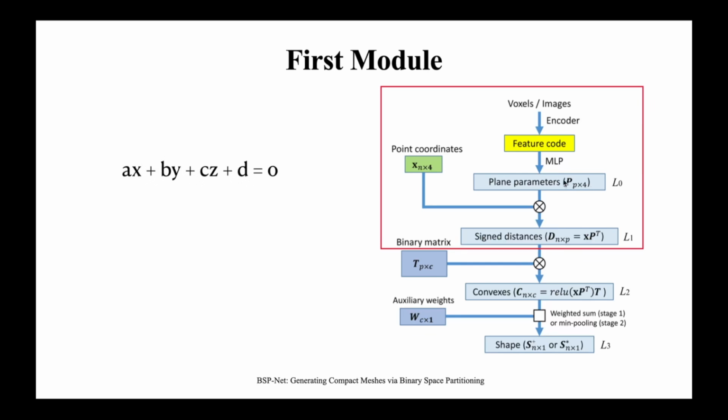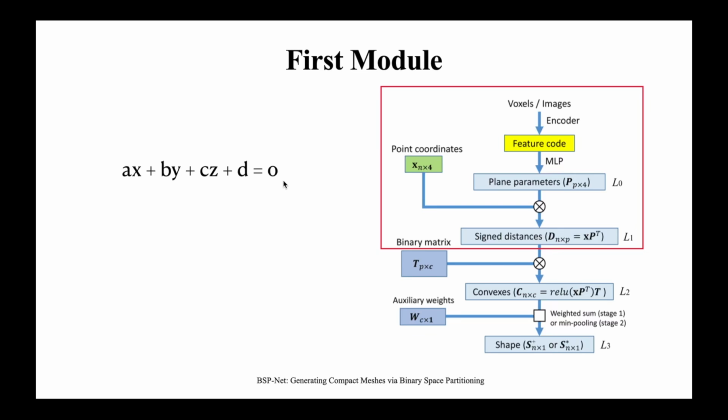The p here is a hyperparameter. It's the maximum number of planes that can be used to build the final polygonal mesh. And 4 here represents the 4 parameters A, B, C, and D of a 3D plane.